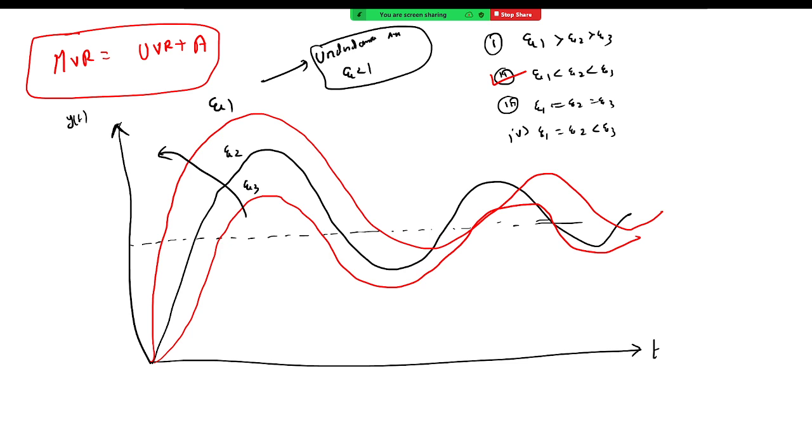Anyone has any doubt? I hope this thing is clear to all.